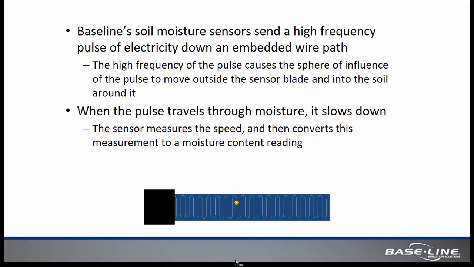And we know that when the pulse travels through moisture, it slows down. So the faster the pulse travels, the drier the soil; the slower the pulse travels, the wetter the soil. We're able to take that time domain frequency and put it into an algorithm that gives us a volumetric moisture content of that soil with a plus or minus 1% accuracy.